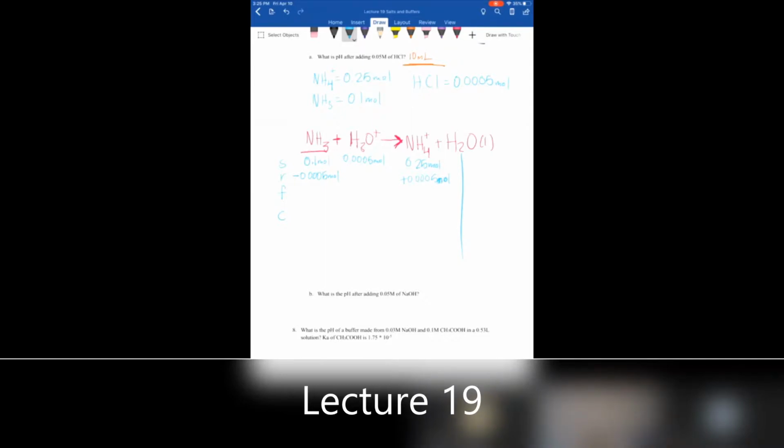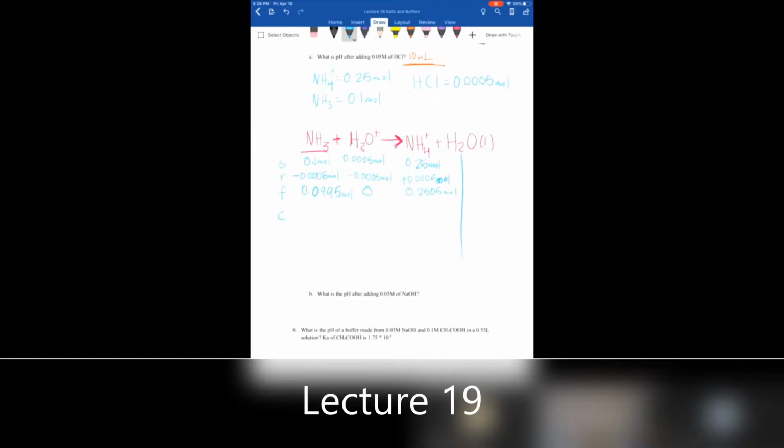It is 0.0995. And this is going to be completely used up, so you're not going to have any more H3O, maybe 0. And this is going to be 0.2505 mole.